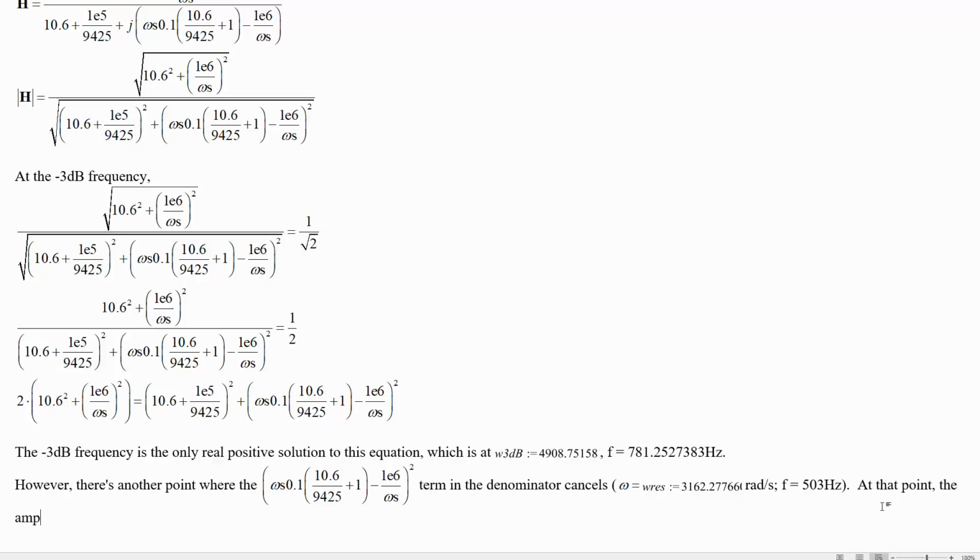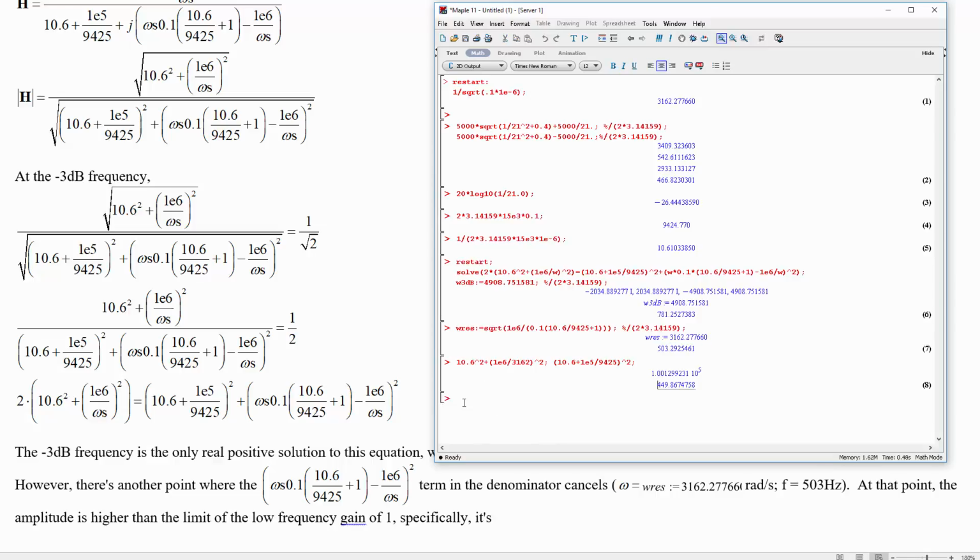At that point, the amplitude is higher than the limit of the passband, or the limit of low frequency of 1. And specifically, we found an amplitude ratio. Well, okay, hold on. I guess we have to substitute into the regular amplitude function.